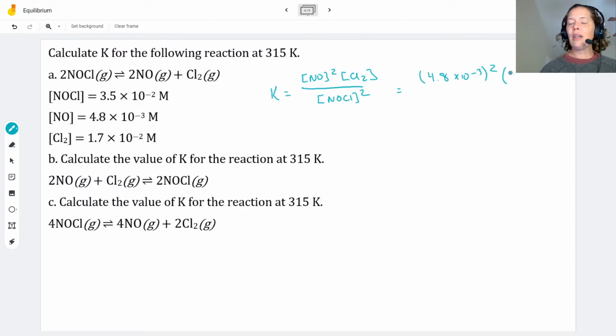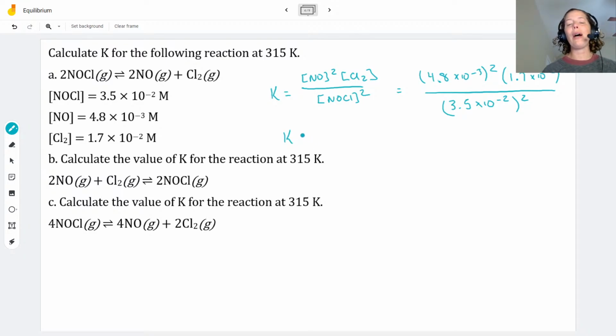My chlorine is right here at 1.7 times 10 to the negative 2, and that is just to the first. And over my product, that is going to be 3.5 times 10 to the negative 2, and this is also squared.